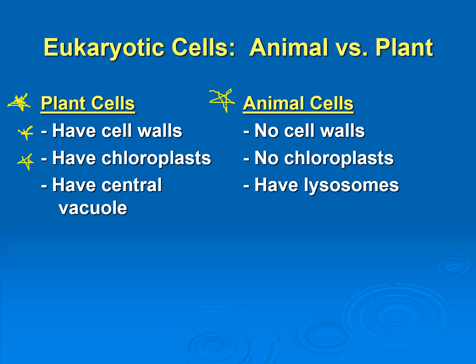Plant cells have the chloroplasts, that's where they do their photosynthesis. And obviously animal cells don't do photosynthesis, so they will have no chloroplasts. The plant cells also have a structure called a central vacuole. Animal cells do not have that, but they will have lysosomes, which plant cells do not have. The lysosomes are little membrane-bound sacs that are filled with digestive enzymes. We'll take a look at those as well.